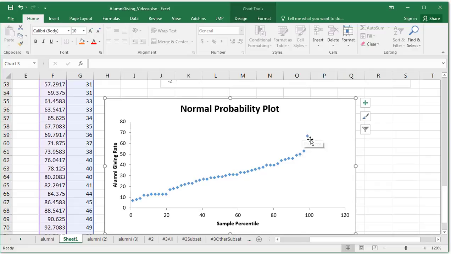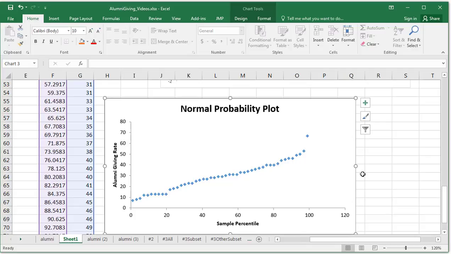There's one spot here that looks a little out of whack, and a little blip right here, but overall I would say it's close enough to normally distributed for the residuals that I'd feel comfortable using this model to make inferences about other colleges or universities that we could get data for.